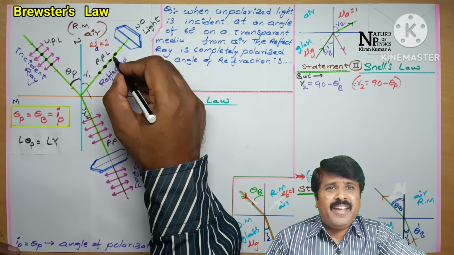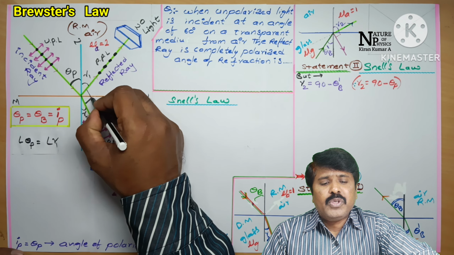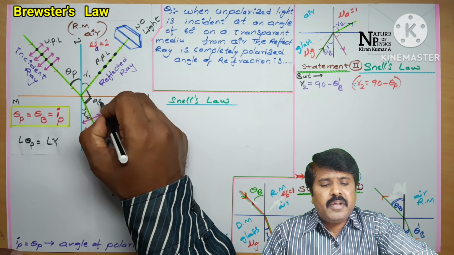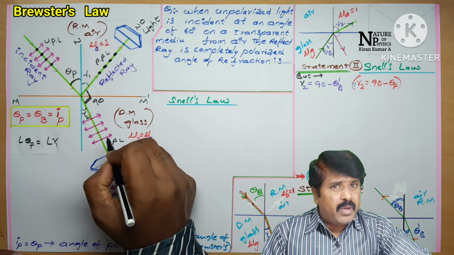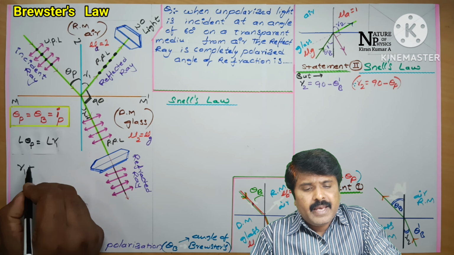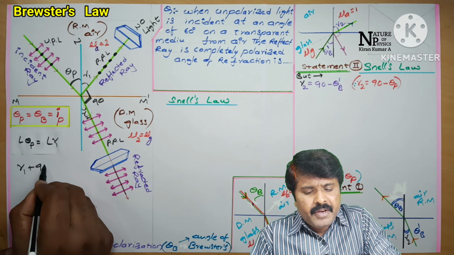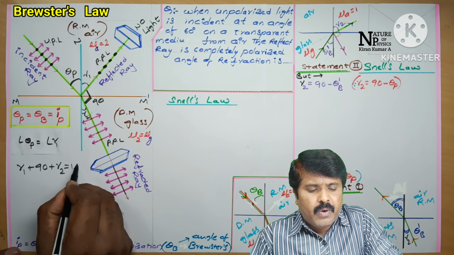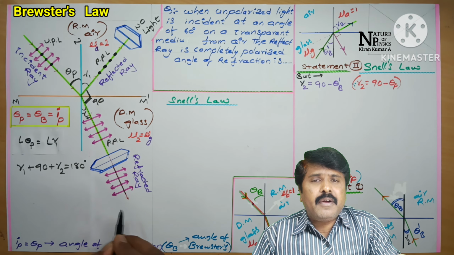Here the reflected ray and refracted ray are mutually perpendicular to each other, so that is 90 degrees. Okay, so I can write R1 plus 90 degrees plus R2 is equal to 180 degrees.